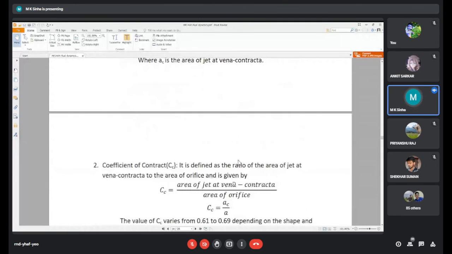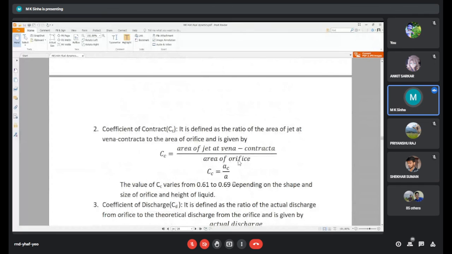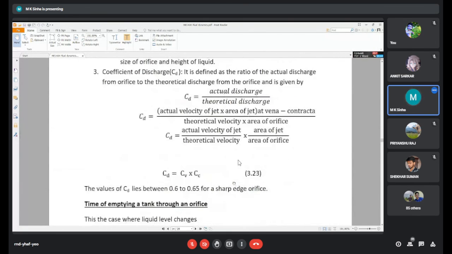For 0.95 to 0.99, you should not take 0.65 for the coefficient of velocity. And the coefficient of discharge is hardly 0.6 to 0.65, or as otherwise mentioned in the question paper, and you should not take 0.99. These are absurd data.